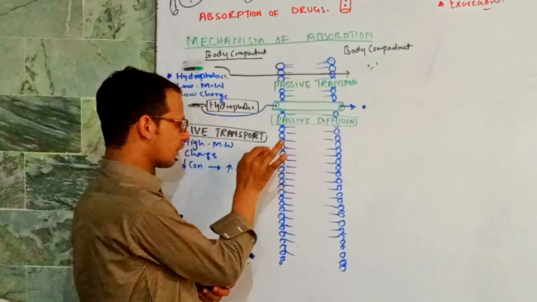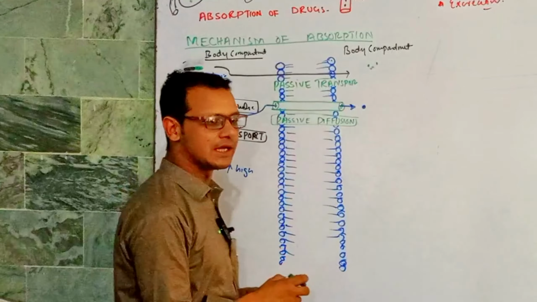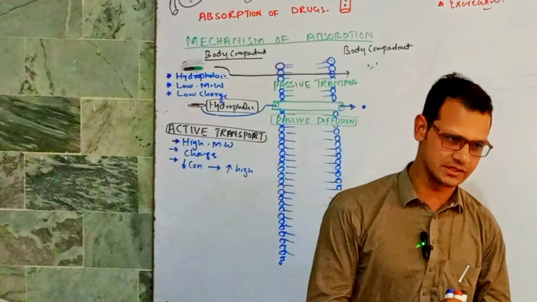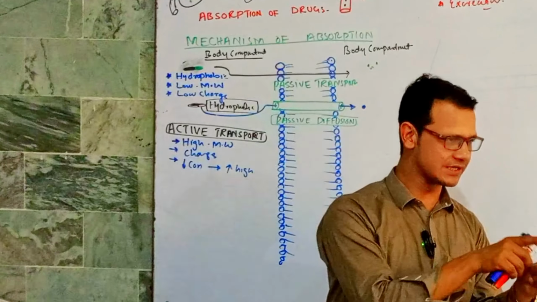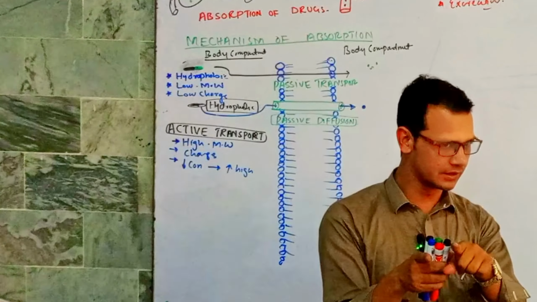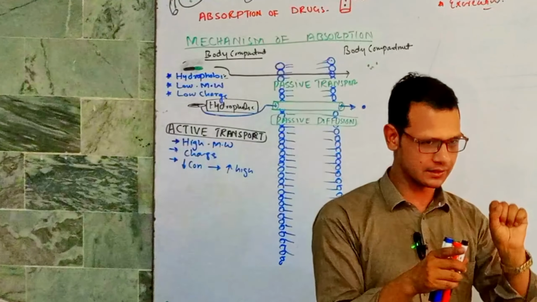But the protein which is responsible for this active transport will undergo conformational changes by using ATP. It will hydrolyze ATP into ADP and take energy from ATP and will open or close the channel, right?